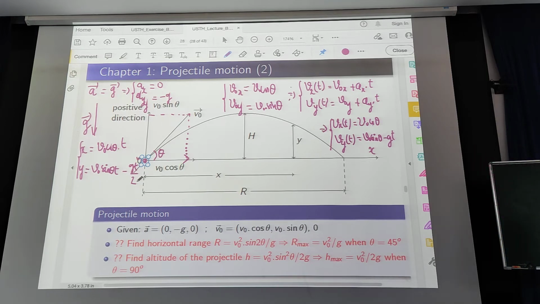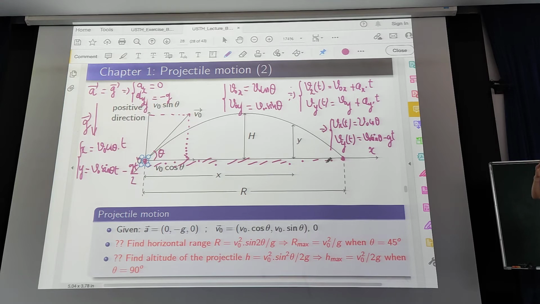Okay. So now find the horizontal range. The horizontal range is when you start here, travel along this trajectory, and then fall down to the ground. So the horizontal range is the distance you measure from the starting point to the end point, the length along the horizontal axis.